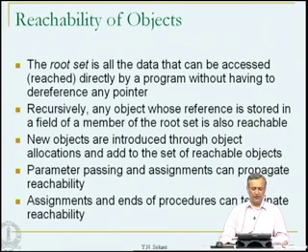Now, new objects are introduced through program allocations, object allocations, and they are added to the set of reachable objects. How we do this we will see very soon. Parameter passing and assignments can propagate the reachability of these objects.